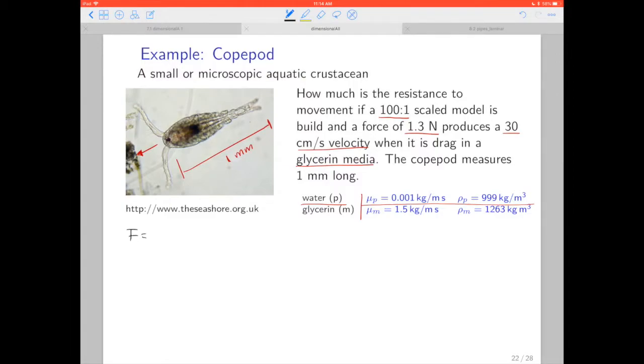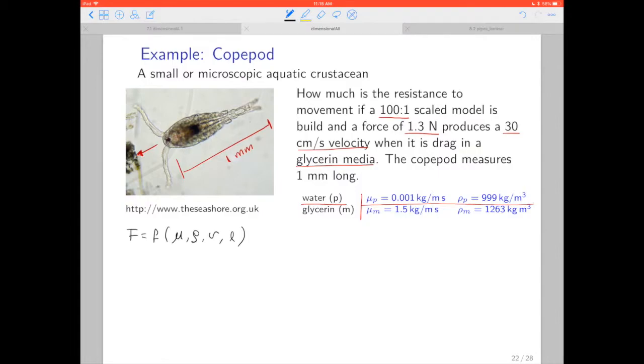We have that the force is a function of mu, rho, what else do you think? These are properties of the fluid, but also the velocity, because probably the faster you move, the stronger the force you need, and the length. So those are probably the most important parameters.